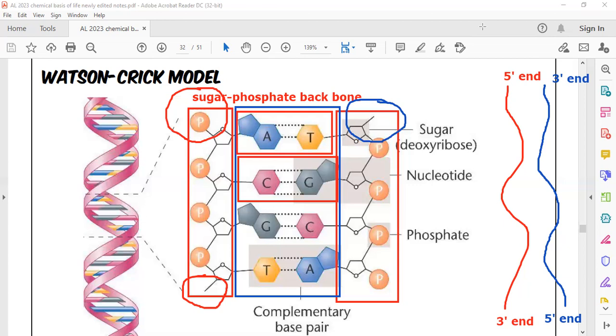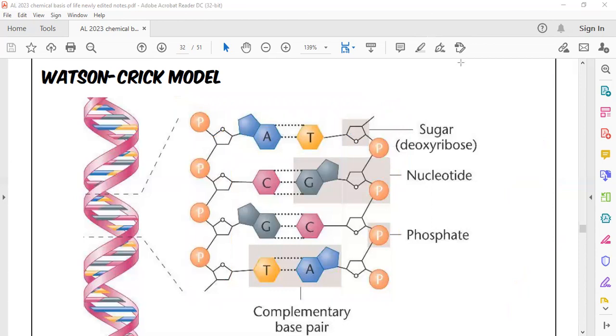If so, what could be the percentage of guanine? These kinds of questions can come in the exam. Understood? Good.